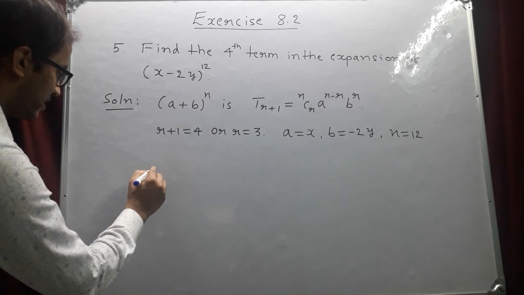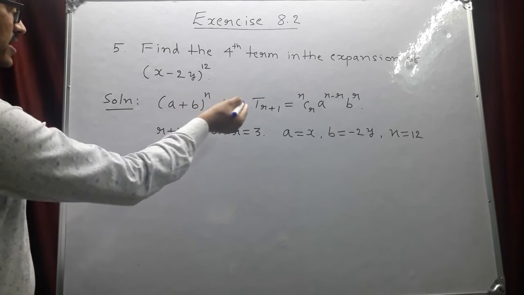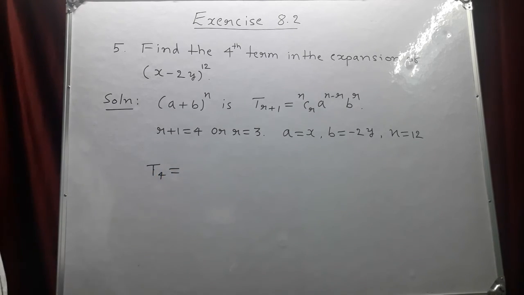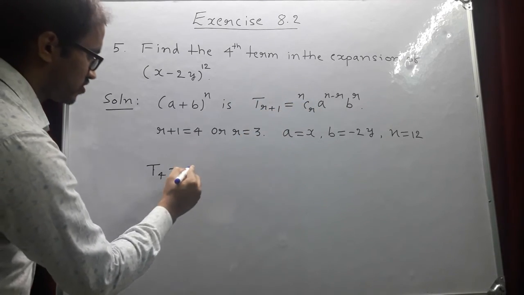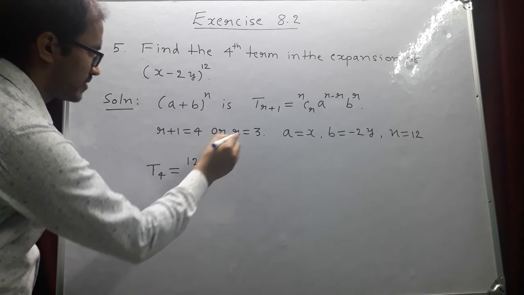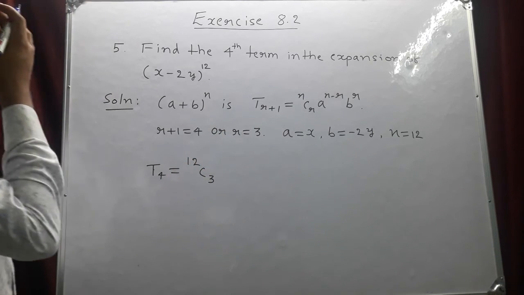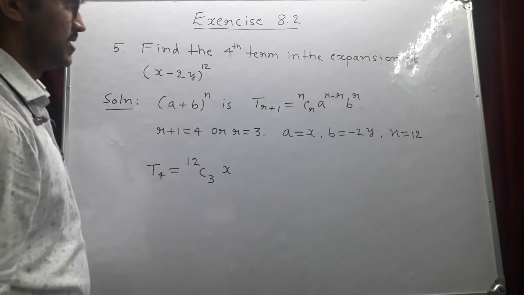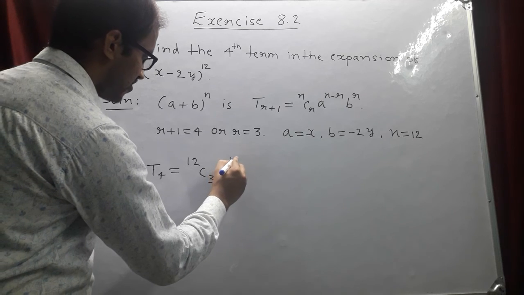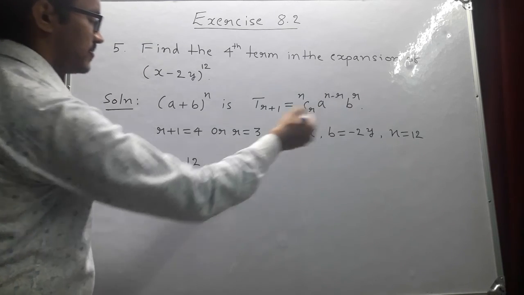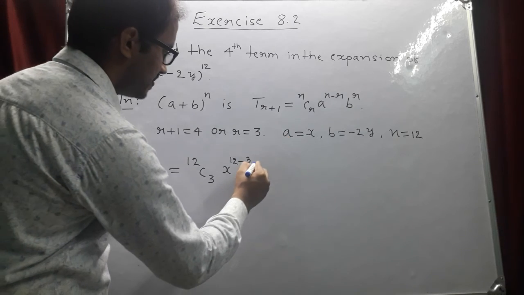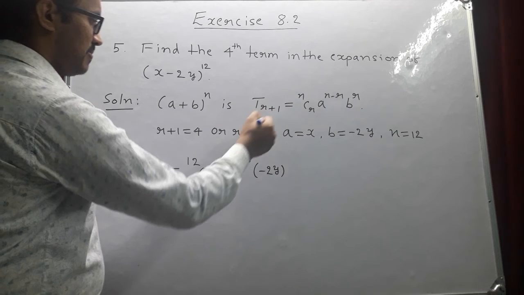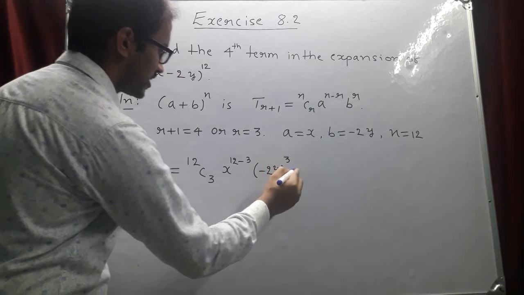So what I will get is T_(r+1), that is T4, equal to nCr, n value is 12, r value is 3, aⁿ⁻ʳ. So a value is x^(12 − 3). Similarly, b value is (−2y) power r, that means 3.